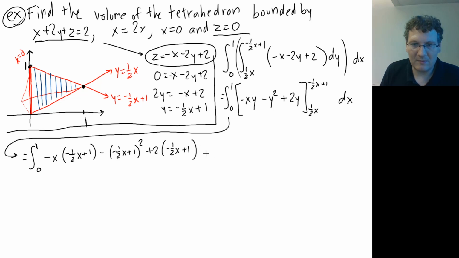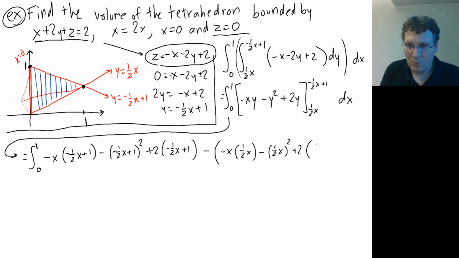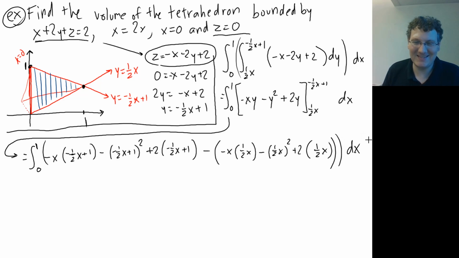Now it's going to be minus negative x times 1/2 x minus 1/2 x squared plus 2 times 1/2 x. And this whole thing is going to be in another set of parentheses, dx.